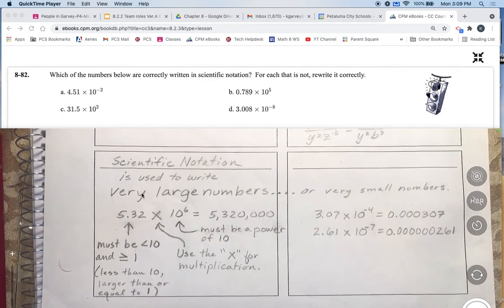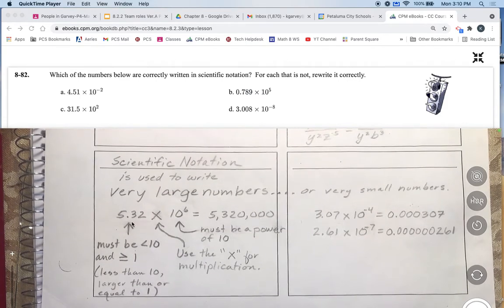All right, so it might be useful for us to just do a quick review of what scientific notation should look like. So the scientific notation consists of two factors. And these factors, when multiplied together, create the number in standard form.